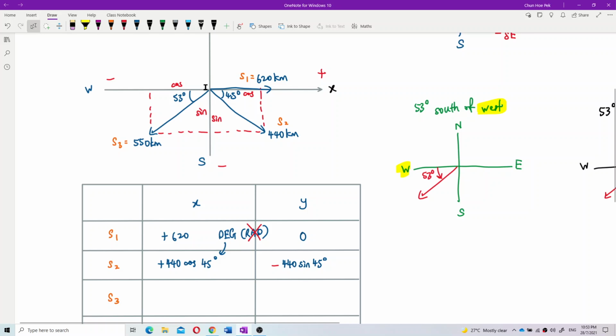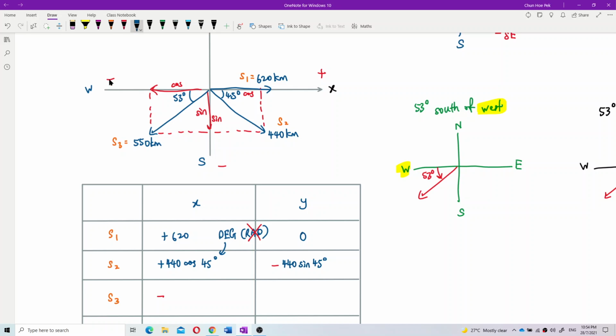For the x component, it is going to the left. Let me just draw it out. This is the x component, and this is the y component, for 550. Going to the left is negative. You must put a negative sign here. If you don't put a negative, you are damned.